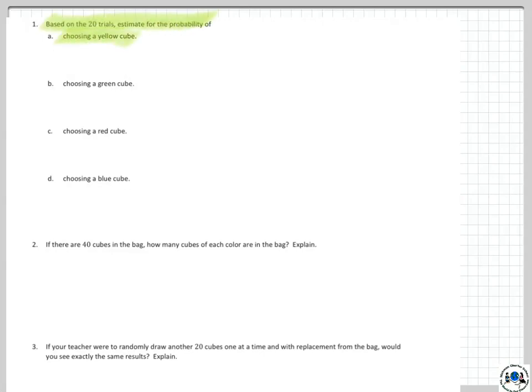For my trials, I went ahead and used the second batch, and my yellow turned out to be 7 out of 20, or 35% probability.